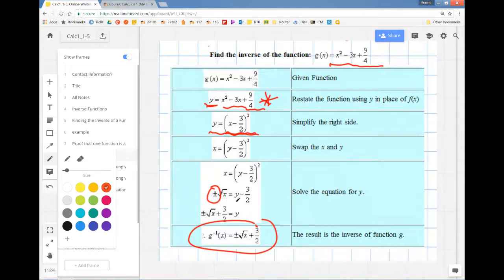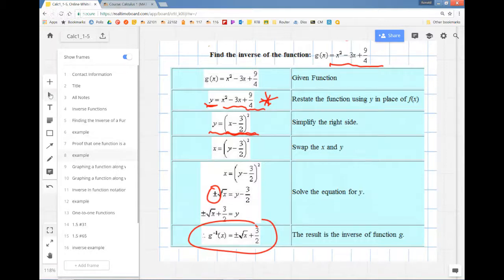Plus or minus x equals y minus 3/2. Add 3/2, and we get this thing down here. Now, the book says that's not a function anymore because you've got some above and some below, plus or minus. So you're right, that's an inverse. It just doesn't happen to be a function.